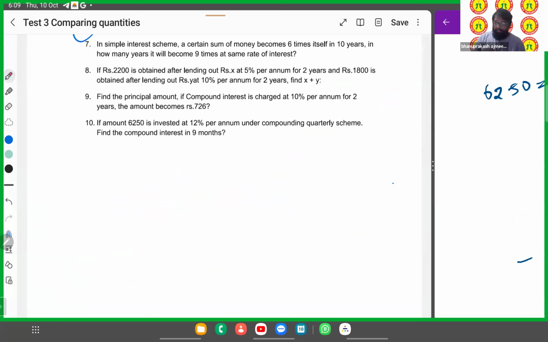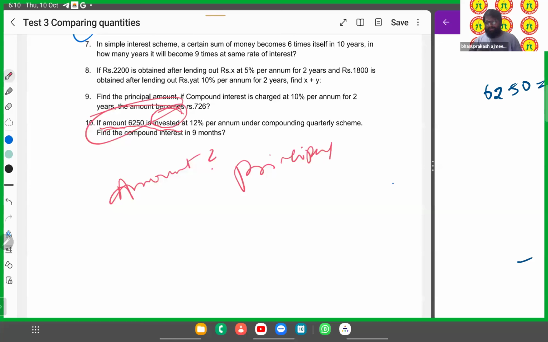Here, he is telling the amount and then he's adding another word, which is invested. I considered he has given the amount and we need to calculate the principal. But the moment he added invested in the question, it says that 6250 is the principal.